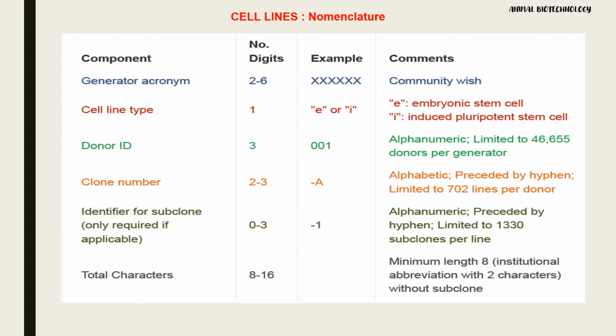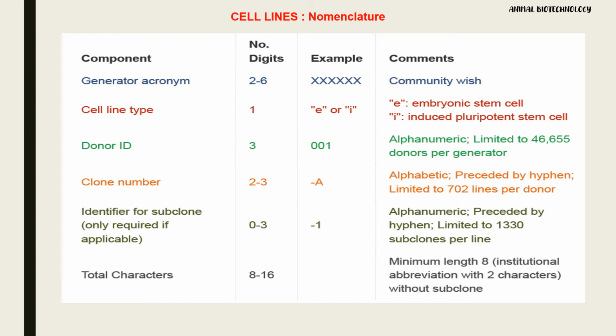It could be numerical or alphanumerical. Next is the clone number, which is a 2 to 3-digit alphabetic code which proceeds after a hyphen. Then, if a subclone is there for the particular cell line, an alphanumeric code is given after a preceding hyphen.